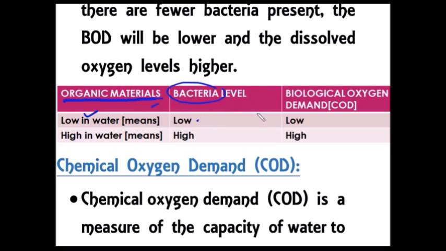So because of the low number of decomposers, biological oxygen demand will be low. In case more organic material reaches the water body, a high amount of bacteria or decomposers will be required to decompose the organic matter. So it will increase the biological oxygen demand. So everything is directly proportional.